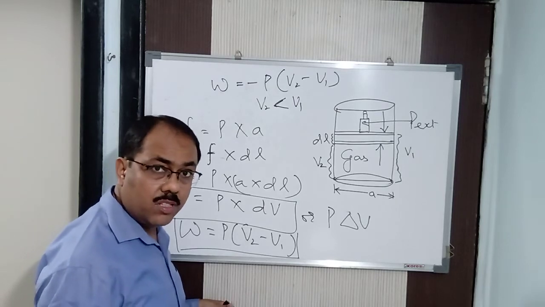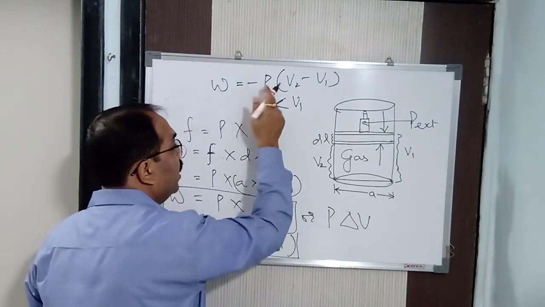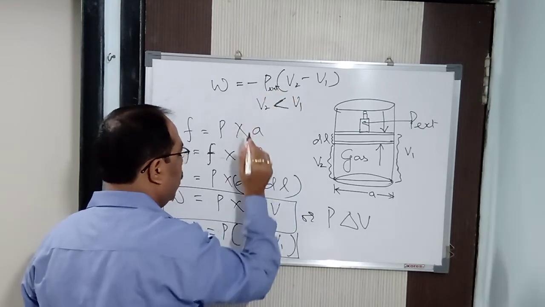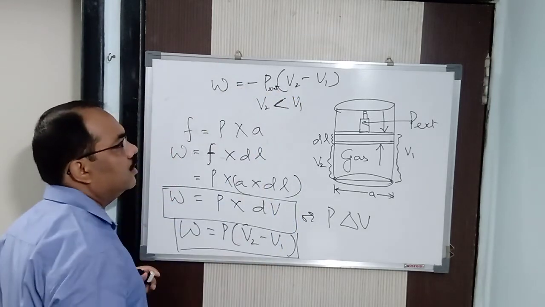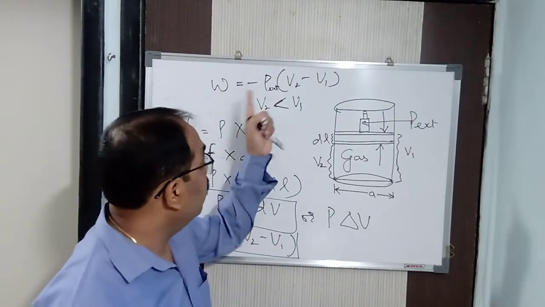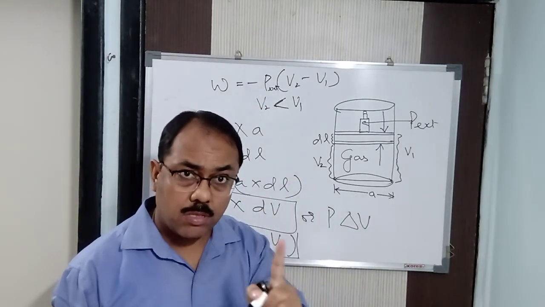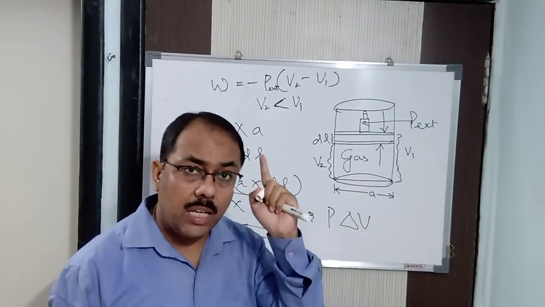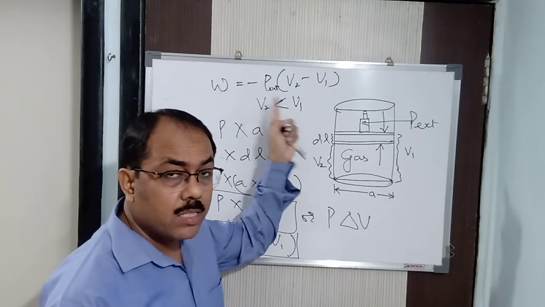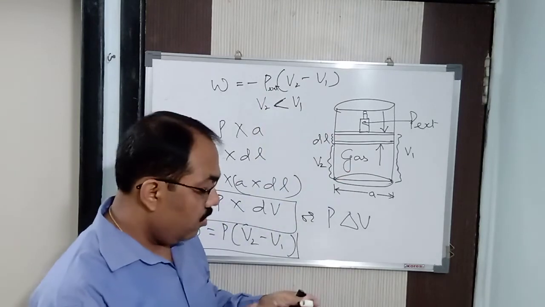I said work done upon the system is positive. Understood now? Here P means, let me write very clearly, P external. I am talking about the irreversible process. Mind it, you will use this formula, minus P(V2 minus V1), for the work done by an irreversible process. How is it positive?